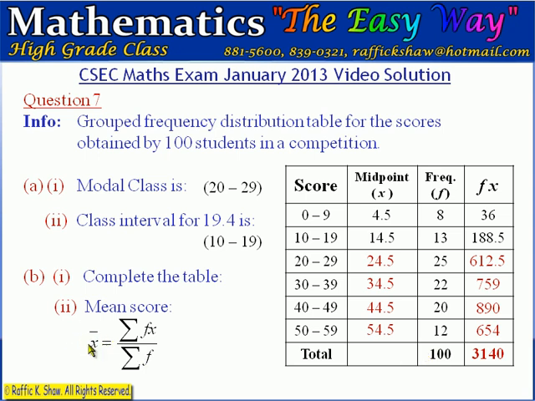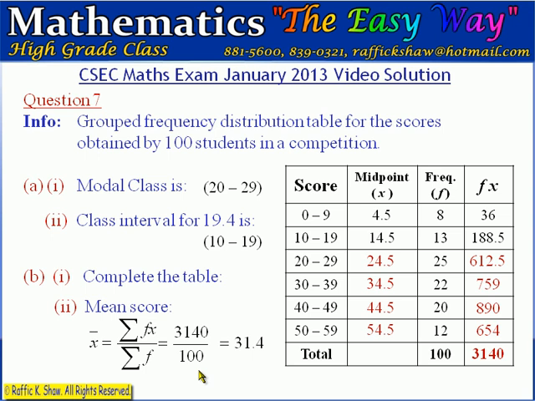And so the mean bar x is calculated using this formula: the sum of f times x, which is this value, divided by the sum of f, the total frequency, meaning the total of students in the survey, which is 100. And that calculation becomes 3140 divided by 100, which simplifies to 31.4, and therefore the mean score is 31.4.